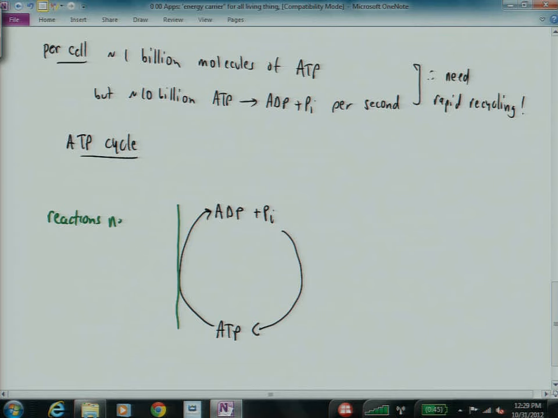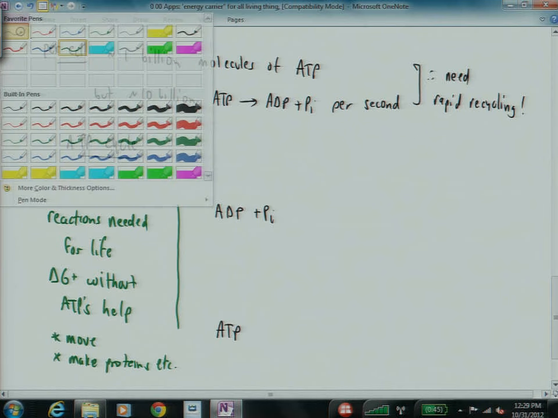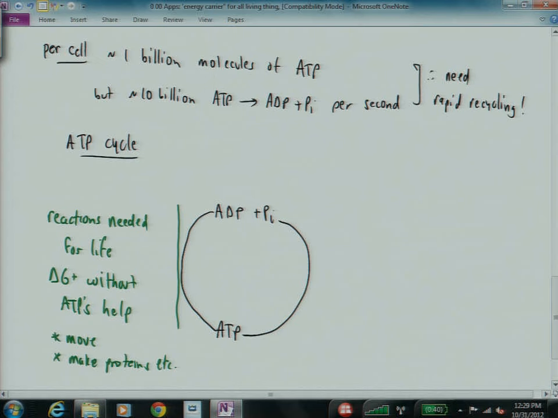That is, they're delta G positive without ATP's help. Things like move, make proteins, etc. There's a cycle here. So there are some reactions needed for life.